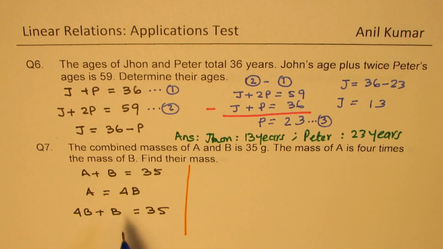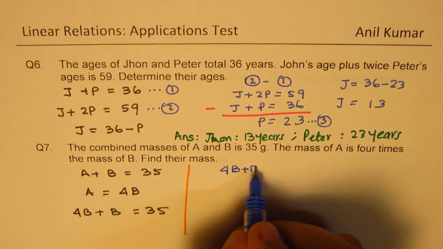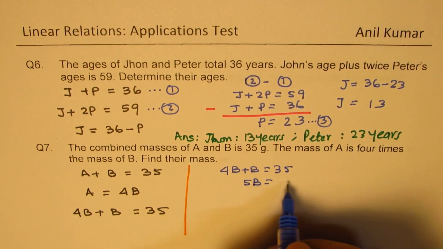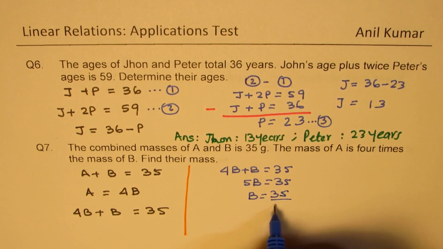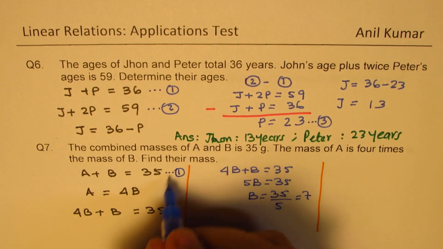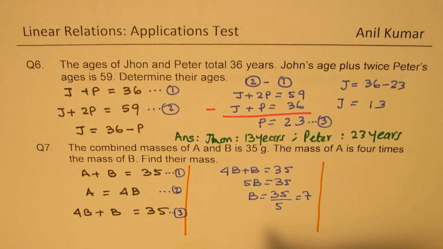Okay, solution. Here we have one equation in terms of B, so I'll continue with this. We are saying that 4B plus B is 35, and so 5B is 35. So B is 35 divided by 5, which is equal to 7. So we know B is 7. And now we can try and get the value of A. We have equation 1, 2, 3, and we got this as 4.